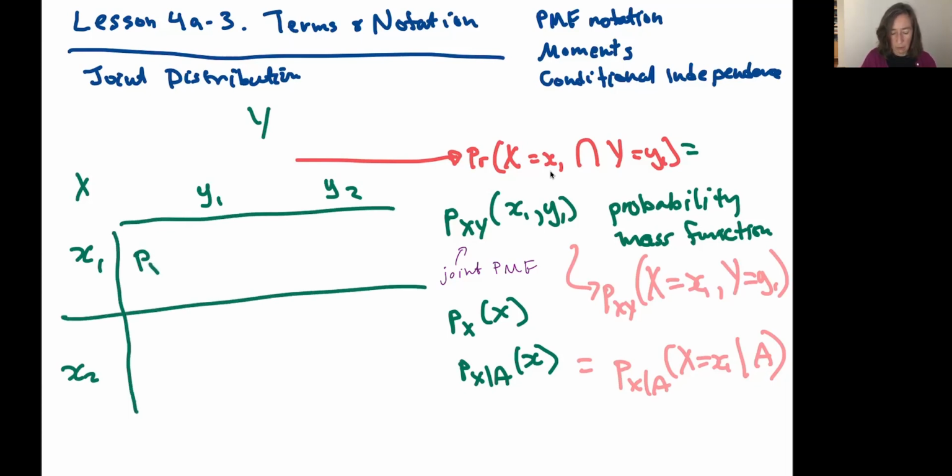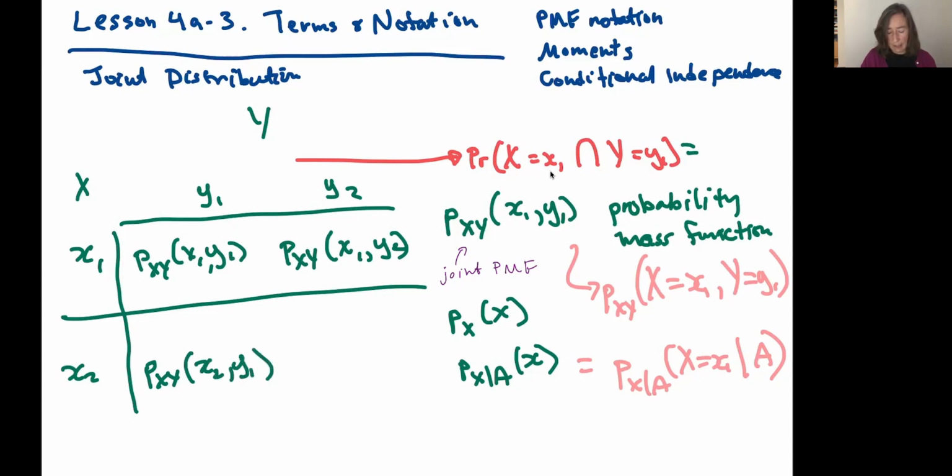This would be the joint probability of X1, Y1. This would be the same probability function, but now we're looking at the values associated with X1 and Y2. Same probability function, the joint distribution of X and Y, but now we're looking at the probability that X is X2 and Y is Y1. And finally, same probability mass function, probability of X2, Y2.